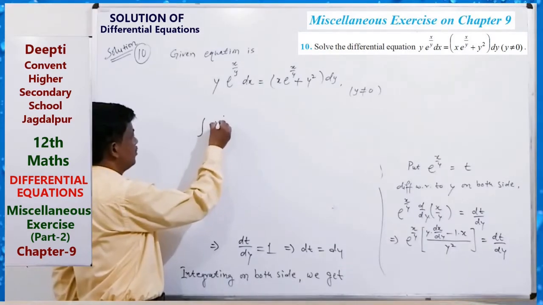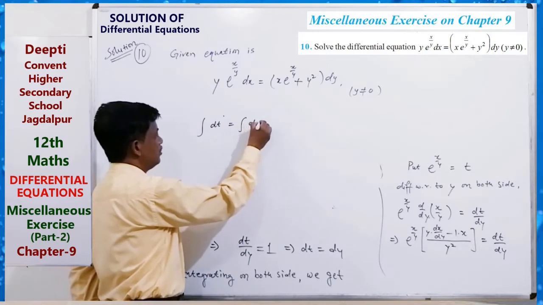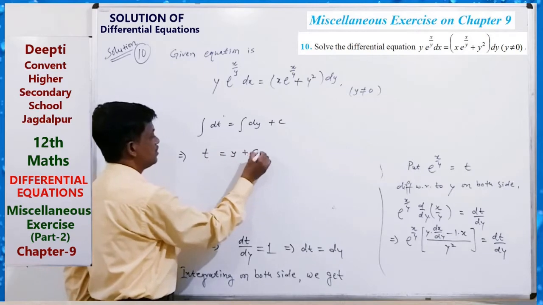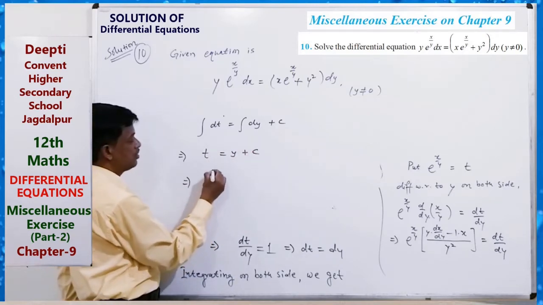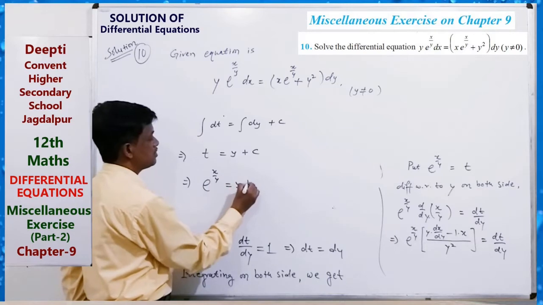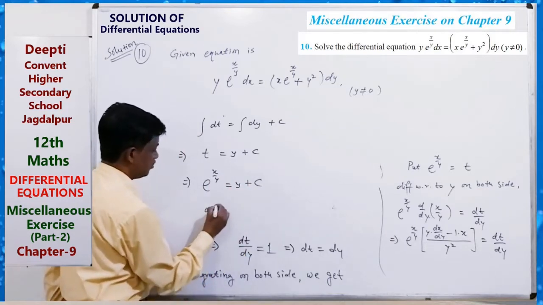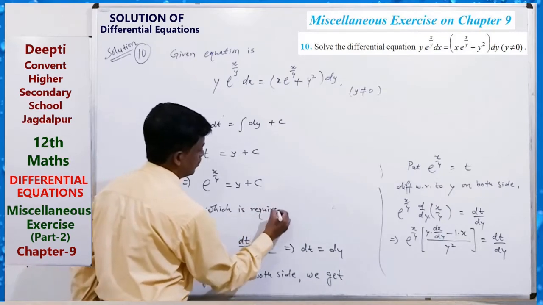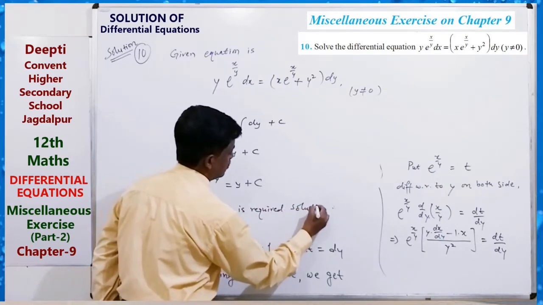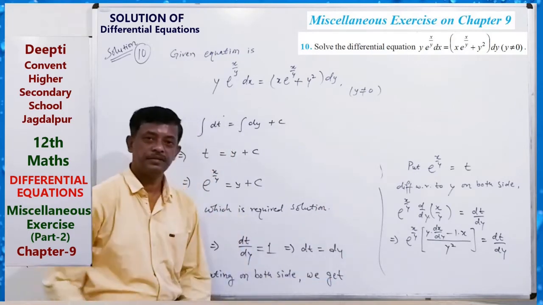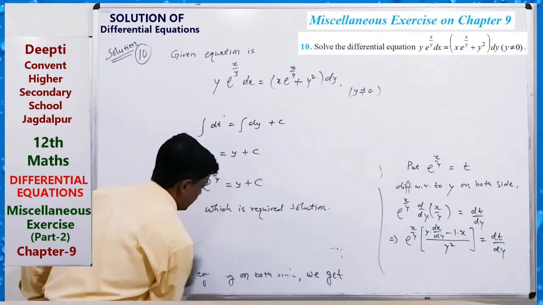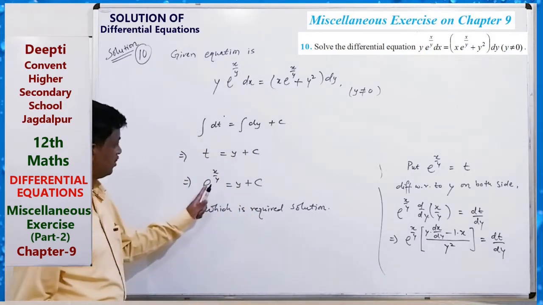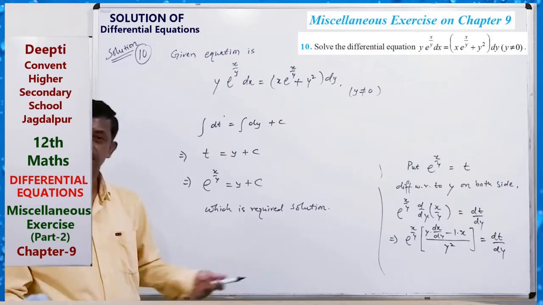Integration of dt equals integration of dy plus c, which implies t equals y plus c. And t means e to the power x by y equals y plus c, where c is a constant. Clear? So this is the solution of question 10. e to the x by y equals y plus c. This is the required solution.